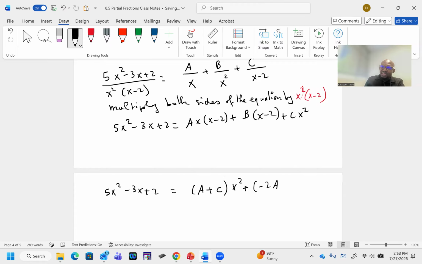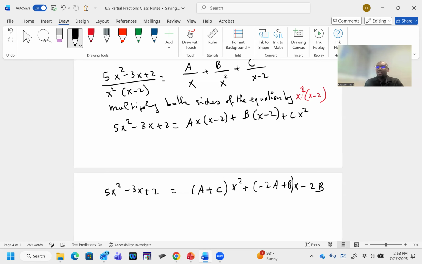B times x is bx, so plus bx, right? And then the other one will be minus 2b. That's what will be left because b times negative 2 is minus 2b.